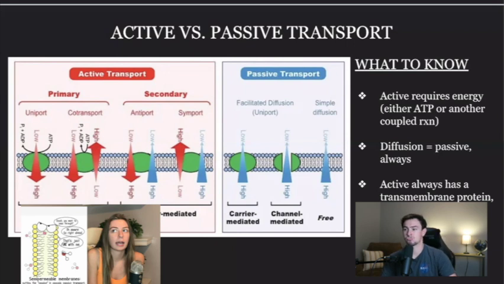And then John was talking about chlorine and how it has to go through a channel. I'm unsure of which transport chlorine goes through.